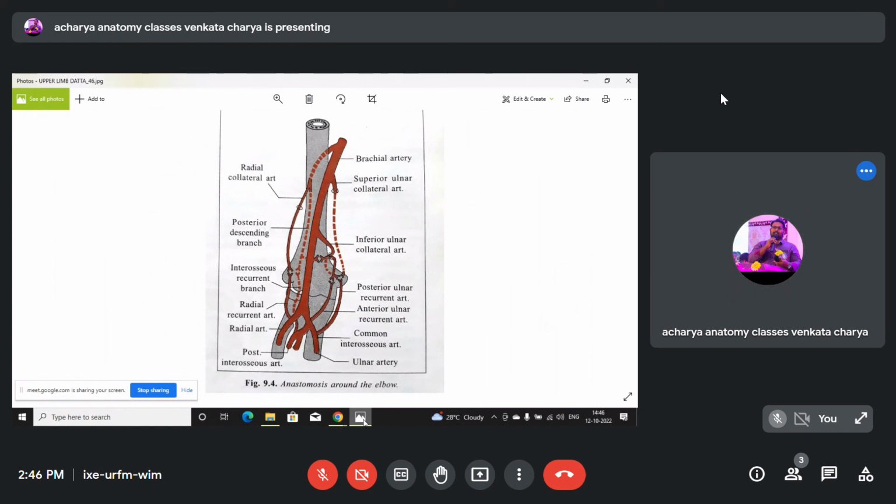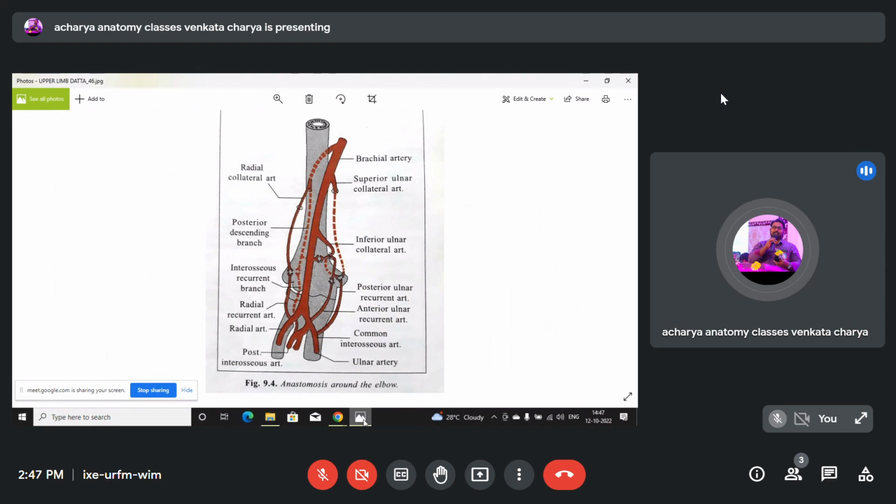Next, the brachial artery gives the superior ulnar collateral artery and the inferior ulnar collateral artery. And see here, the brachial artery bifurcates and gives the radial artery and the ulnar artery.